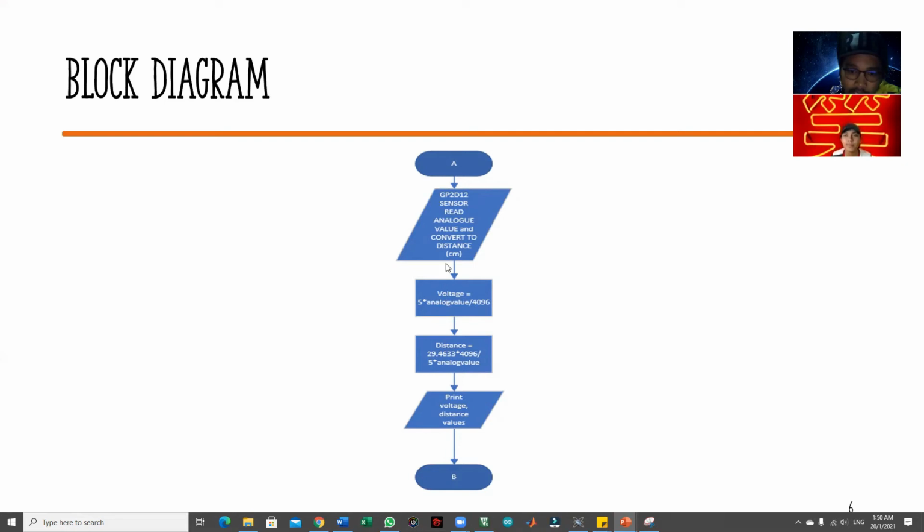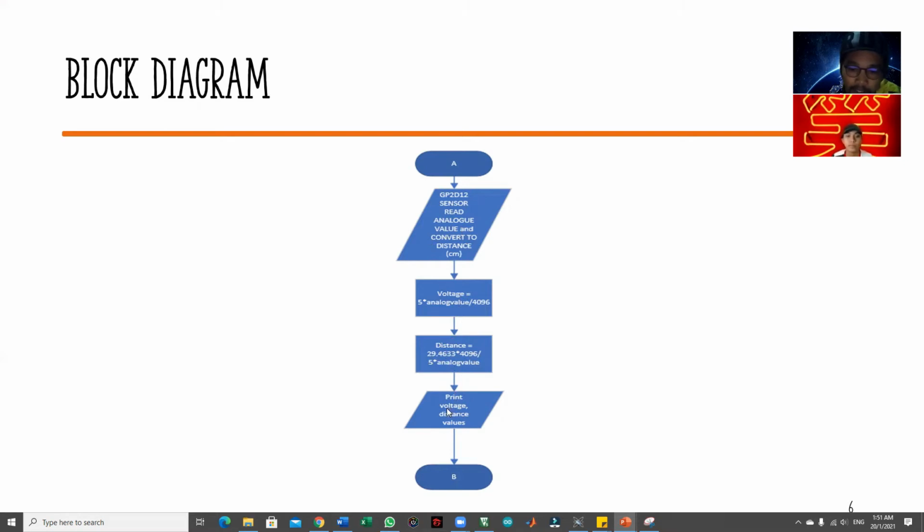The analog value can also be converted to the distance, which is 29.4633 times 4096 divided by 5 times the analog value read by the sensor. Where I get this value, I will show you later.